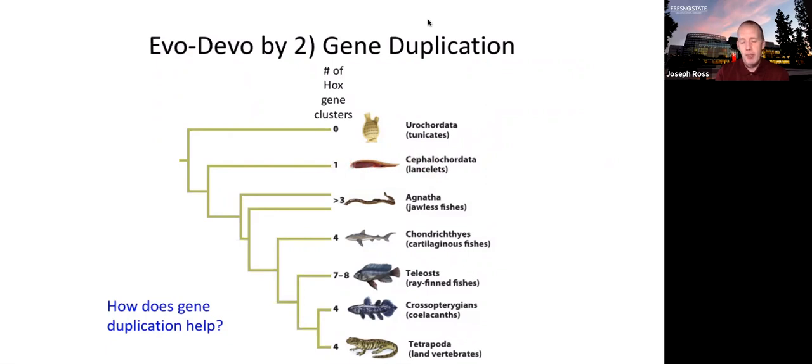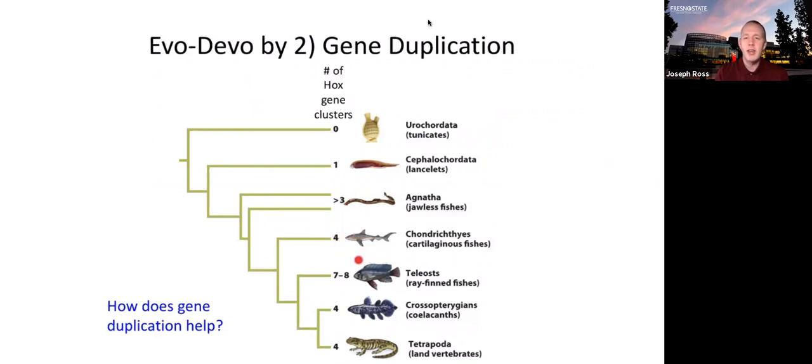Over time, that one set or cluster of Hox genes duplicated. So the whole part of the chromosome that contained all of those Hox genes basically copy and pasted itself somewhere else on a different chromosome in the genome of these organisms, such that jawless fishes have at least 3 sets of those same Hox genes, 3 clusters. Chondrichthyes have 4, sharks and other cartilaginous fishes.